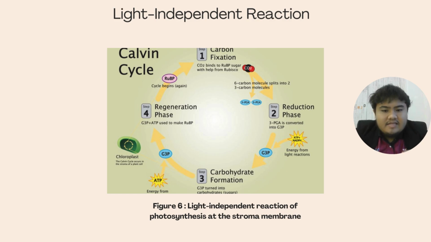Okay, the next, second stage is reduction and production of sugar. The second step is a process that couples ATP hydrolysis with the reduction of 3-phosphoglycerate to glyceraldehyde 3-phosphate, G3P. In this stage, an enzyme adds a phosphate to 3-phosphoglycerate by transferring a phosphate from the ATP.